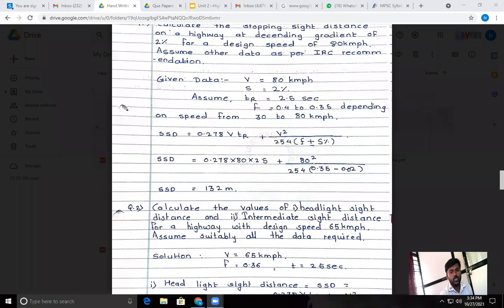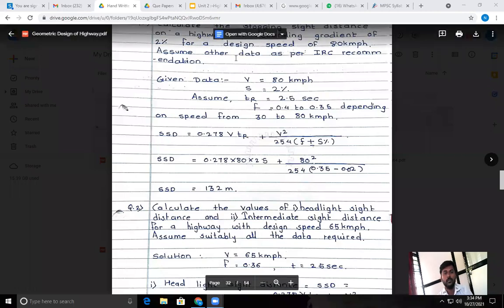Here what we have to do is just the same as the previous problem, but here s, that is gradient, is not given, so consider a flat gradient and solve it. Text the answer.